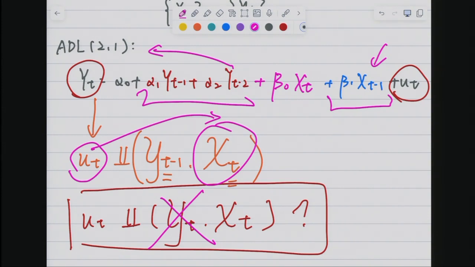Given independence is the strongest form of no relationship, this basically implies conditional mean independence. So the conditional expectation of the error term given past information is 0, or if we included x, then it's the conditional expectation of u given past information of y and information of x up to time t is 0. That basically comes from the independence.